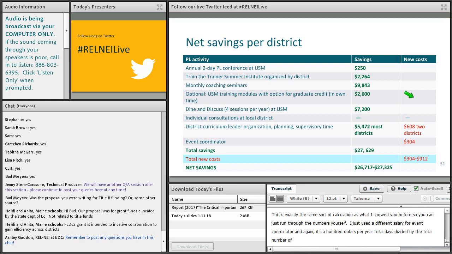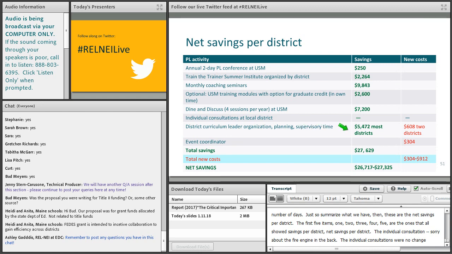Just to summarize what we have then, these are the net savings per district. The first 5 items, 1, 2, 3, 4, 5, were the ones that all showed net savings per district. The individual consultation, sorry about the fire engines in the back. The individual consultations were no change.